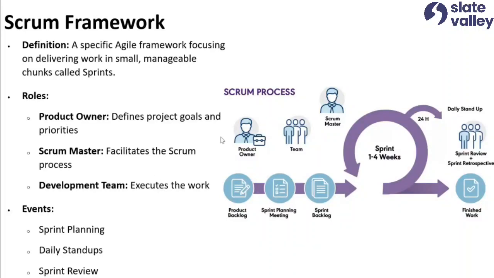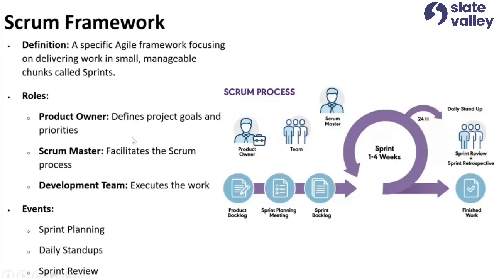What has to be delivered in these 2 weeks is defined by the product owner and the development team who execute the work. The development team has the developers, the testers, the business analysts, designers, whoever they need. If it's just a small project, they need 3 people. If it's a big project, they need 10 to 12, whatever the size. It's not a constraint anyways.